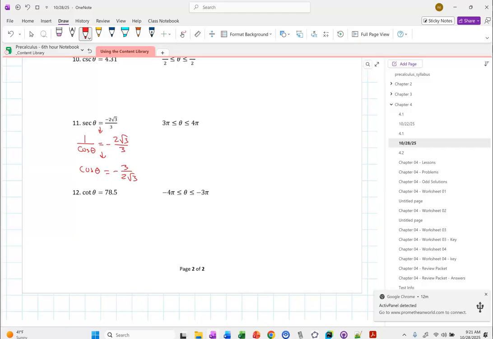This is certainly formatted like a unit circle question, because I see square roots and a fraction and not a decimal. But if I look at my unit circle, there is no coordinate 3 over 2 root 3.